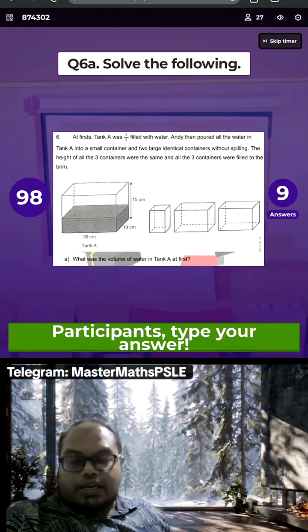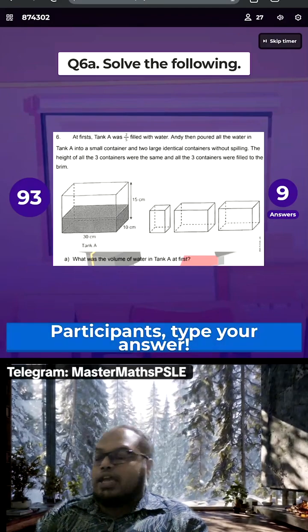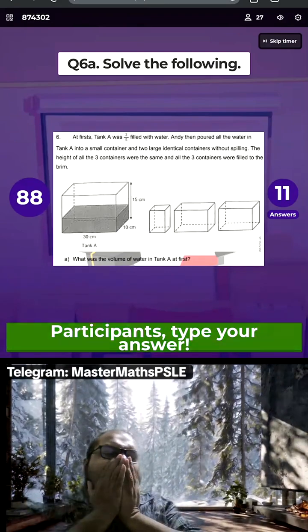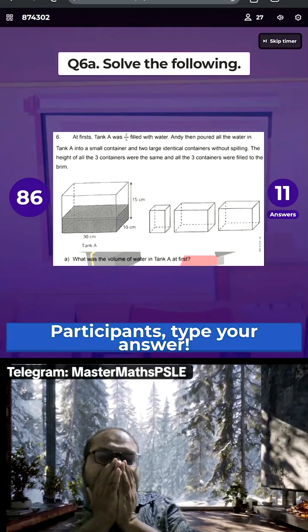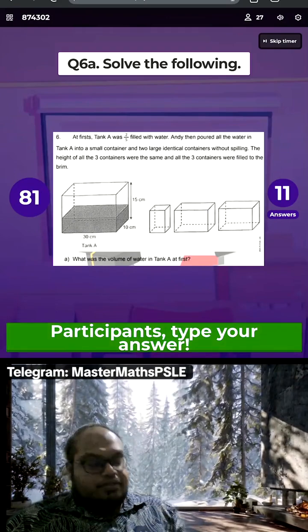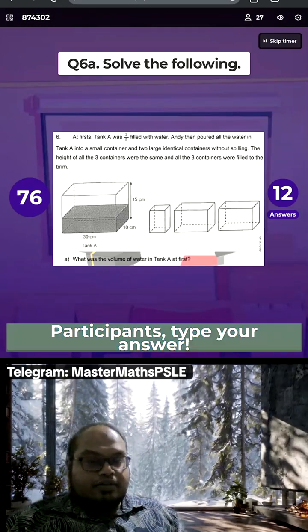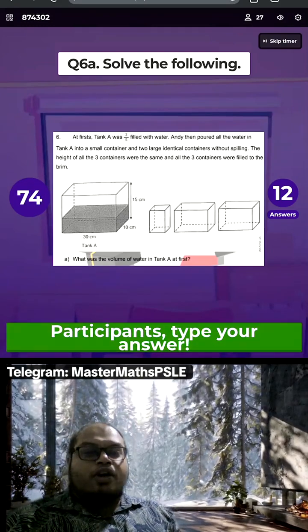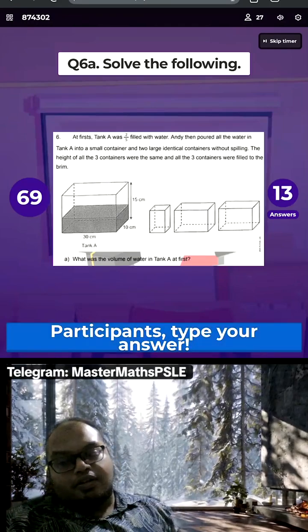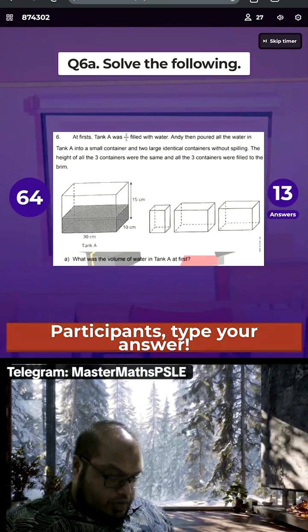So we need to find the volume of water in tank A. Not the full capacity of tank A, but just the amount of water in tank A. Alright, somebody so confident. Maybe, maybe not. Let me check.